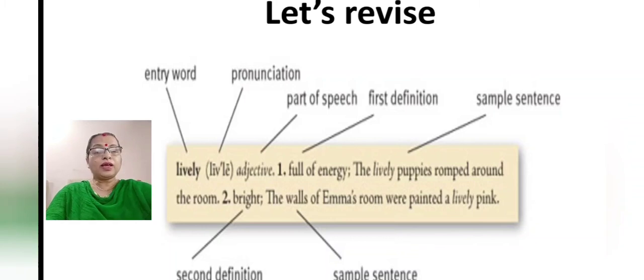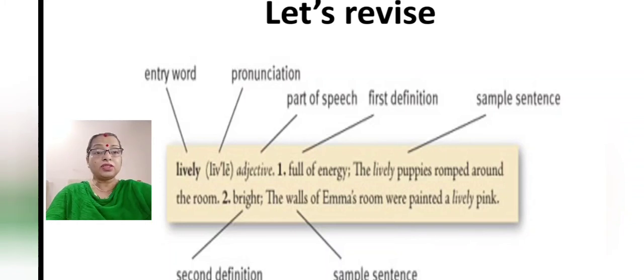The next thing we have is full of energy. Number 1 is written. That means it is the first definition of the word lively. The sample sentence is given next: The lively puppies romped around the room. This is the sample sentence of the first meaning, right? Then the second meaning is bright.